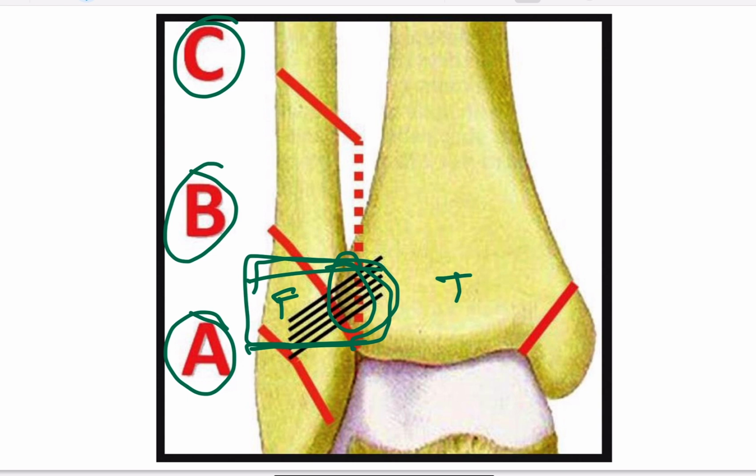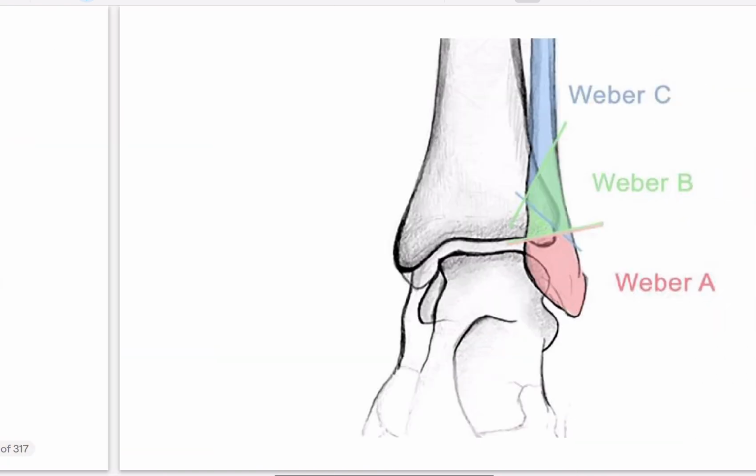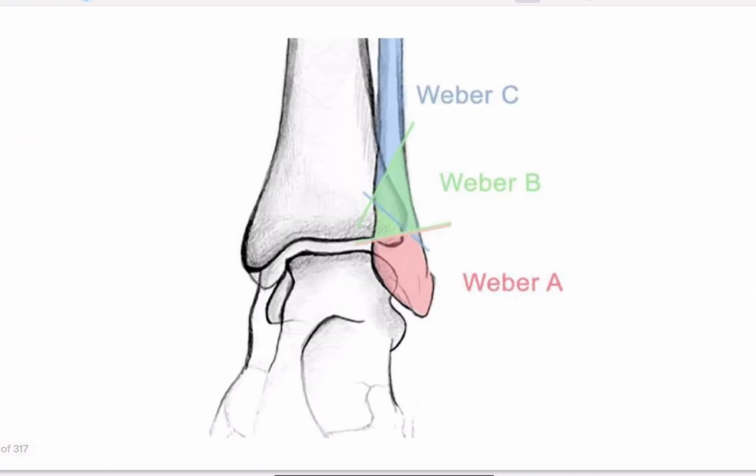Denis-Weber type A. And in case of B, it is located at the level of the syndesmosis. And type C is located above the syndesmosis. So in this figure, this is very obvious, this is A, which is below the fibrous joint between the tibia and the fibula.